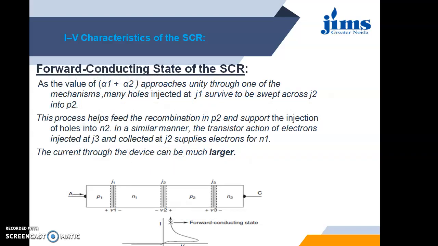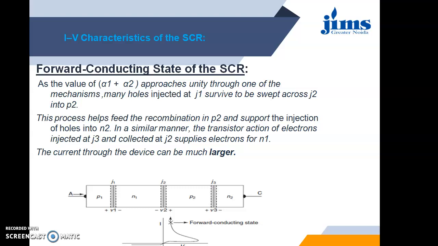Now this diagram shows that if the voltage is much higher, sufficient to overcome the potential barrier of J2, it will also become thin and smaller with the increase in voltage across anode and cathode, and that way the device will be in conducting state. So this is called the forward conducting state.